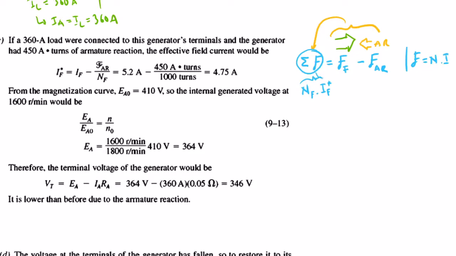While the MMF due to the actual field current equals NF times IF, and this we don't need to change or substitute, because the value of the MMF due to the armature reaction is already given in the question, which is 450 ampere turns. So this equals 450.